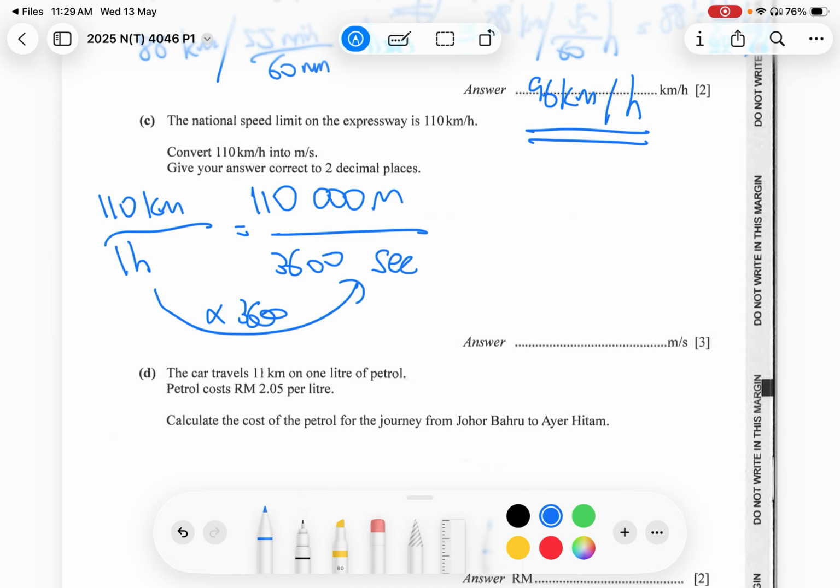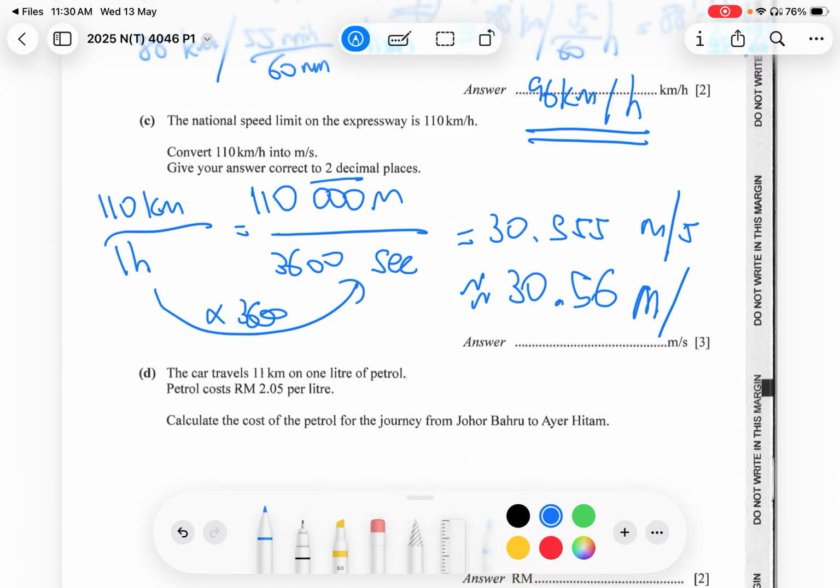So divide by 3600. That's the calculation. 30.555 meter per second. You want two decimal places, 30.56 meter per second.